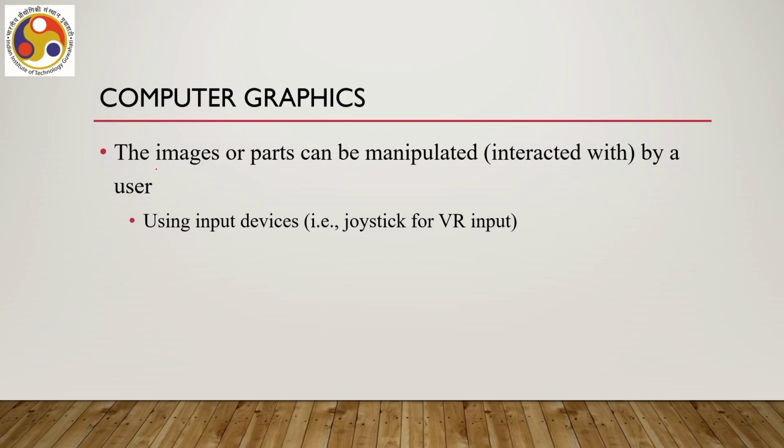Now, the images or parts can typically be manipulated, which we call interaction, so interacted with by a user using some sort of input devices such as a joystick or other devices that we can associate with VR input. So, when we interact with the object, the appearance changes, the screen changes, so many things change.